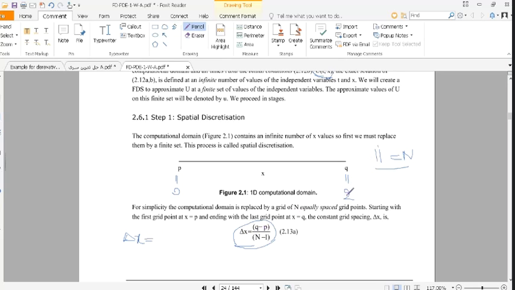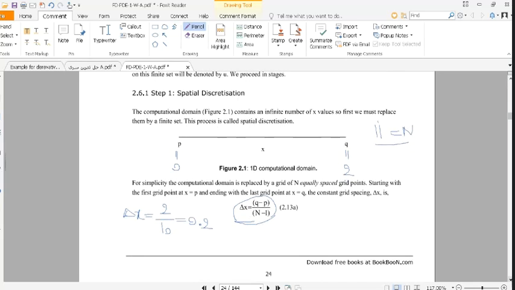Q is 2 and p is 0, so q minus p is 2, and n minus 1 is 10. 2 over 10 is 0.2. Okay? And we can compute delta x.